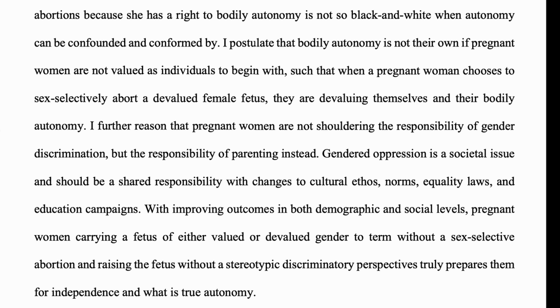With improving outcomes at both demographic and social levels, pregnant women carrying a fetus of either valued or devalued gender to term without a sex-selective abortion, and raising the child without stereotypical discriminatory perspectives, truly prepares them for independence and what is true autonomy. So, we need to attack the problem from a lot of different ways, says the student. It's got to involve different laws and changing norms, and so on.